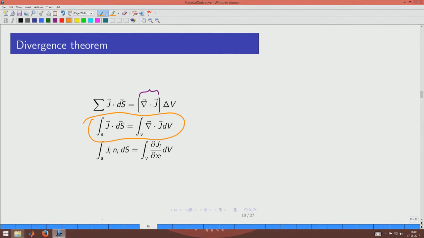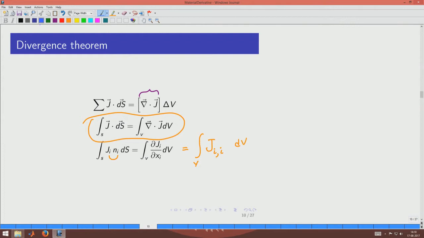The same thing expressed in subscript notation is shown here with the dot product: nabla dot j would then appear like this. Okay. And if you want, you could also write it in this manner. So, you could write j i comma i dV in the subscript notation. So, this is nothing but the divergence theorem.